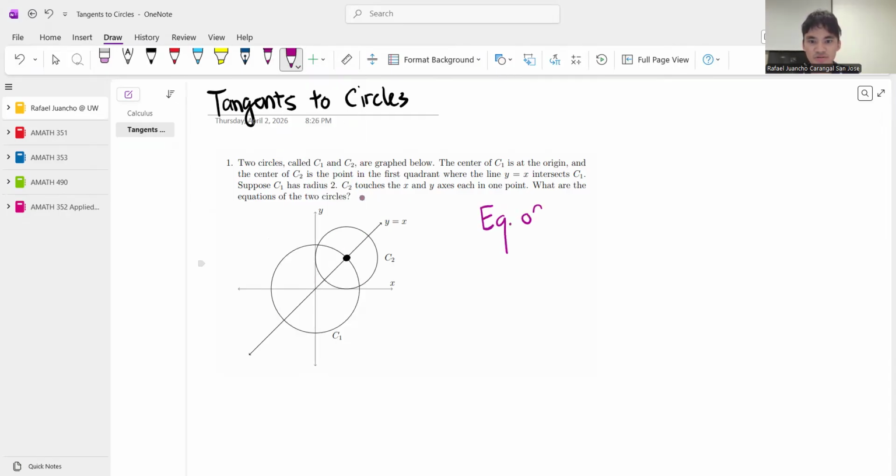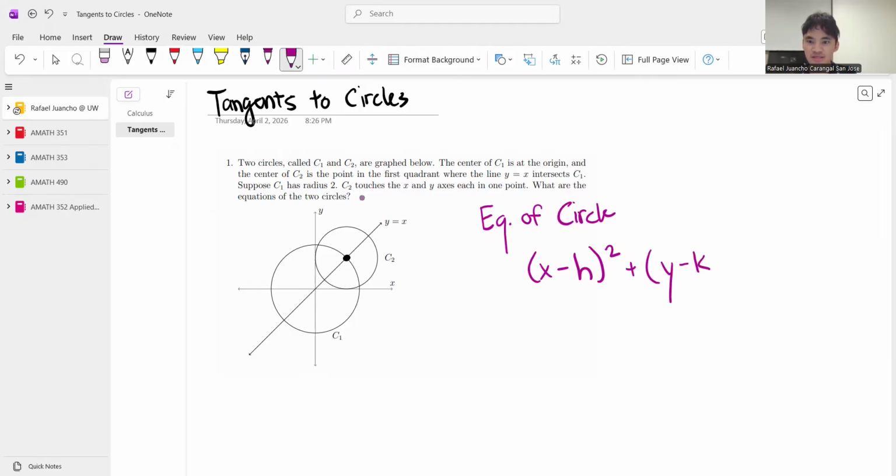So we need to know the equation of a circle. Now this is a pre-calculus topic. The equation of a circle is x minus the center's x coordinate, let's call it h, squared. We probably have seen this formula before.